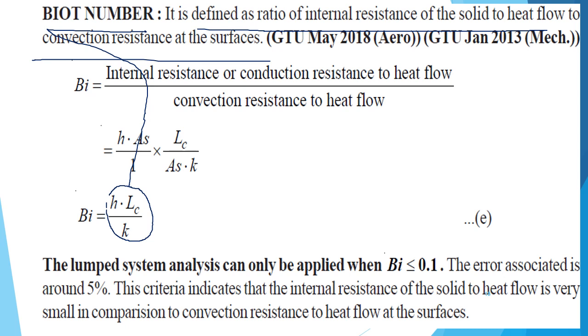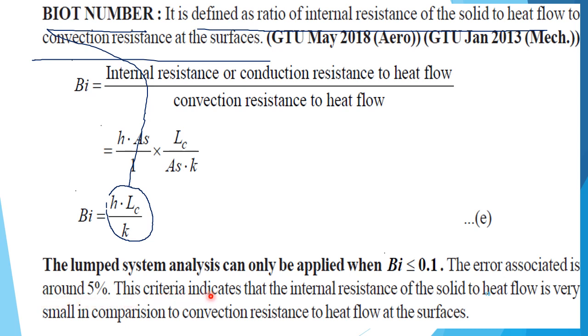Now this lumped capacity analysis can only be applied when the Biot number is less than or equal to 0.1. This is a very important thing. Biot number is less than 0.1 and the error associated is around 5%.